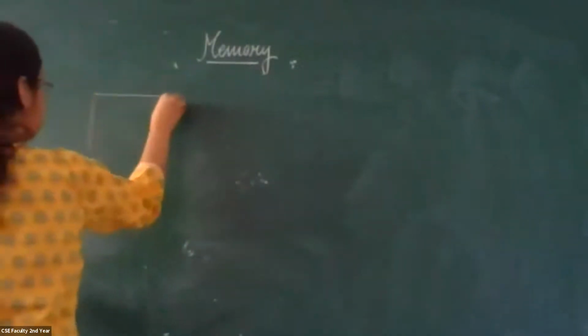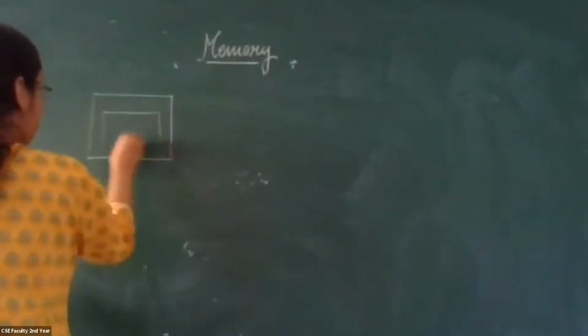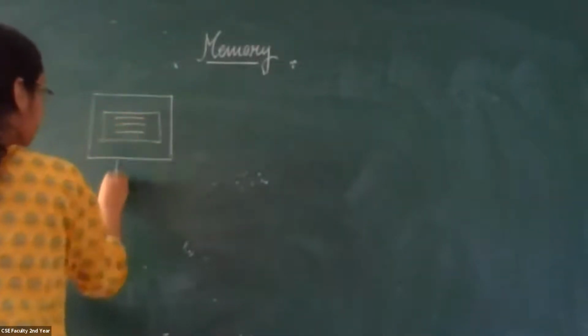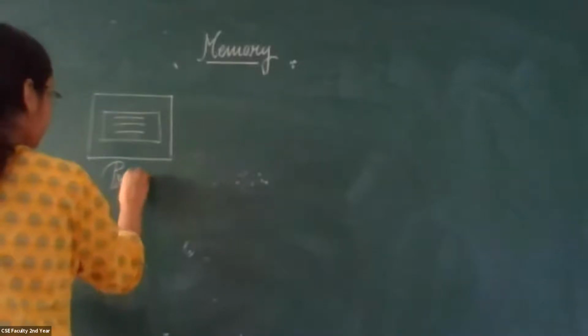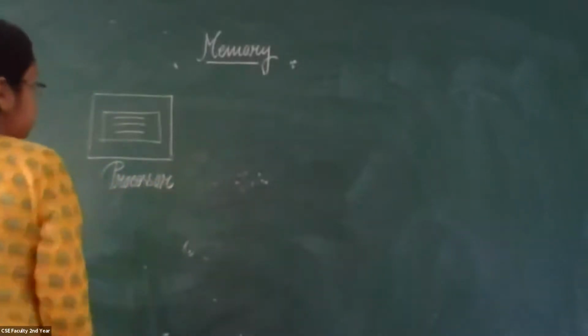First of all, you see this is a processor. Processor is directly connected with which memory? RAM. Internal memory.